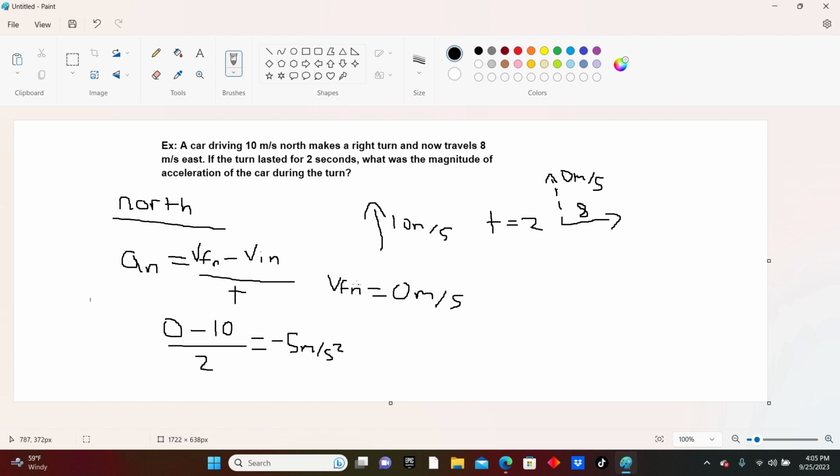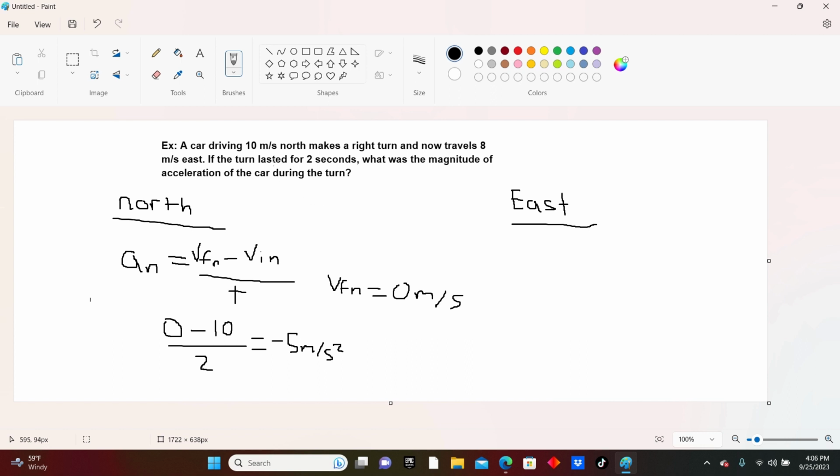Okay, so now let's look at the east direction. Here I'll erase some of this to make some room. Now we're going to do a similar concept to what we did before.